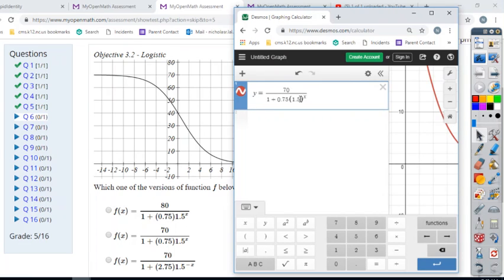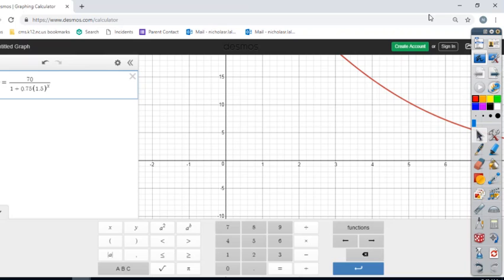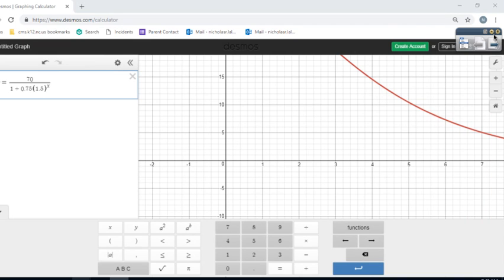Okay, there we go. So this does give us a logistic function.